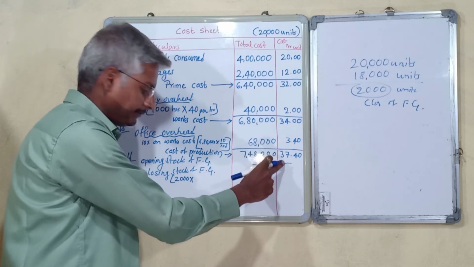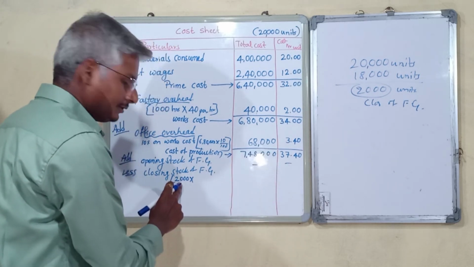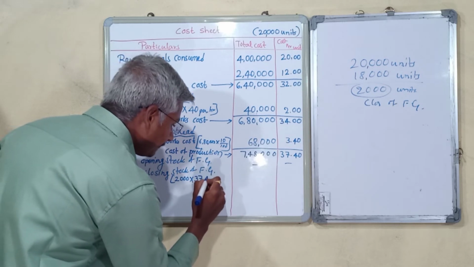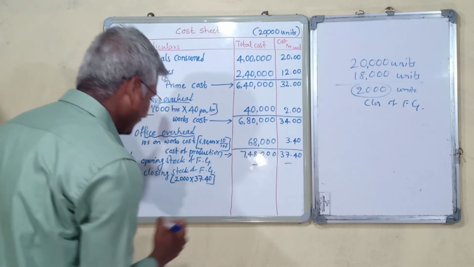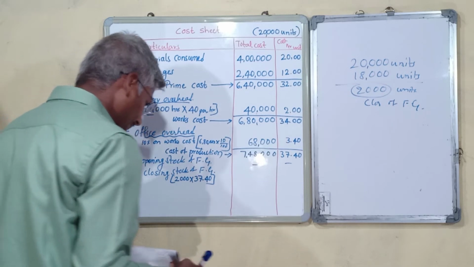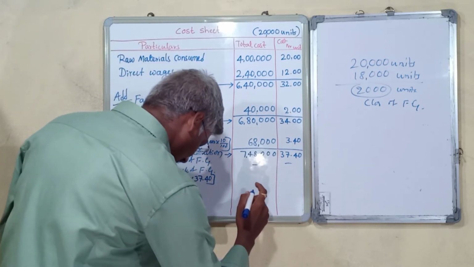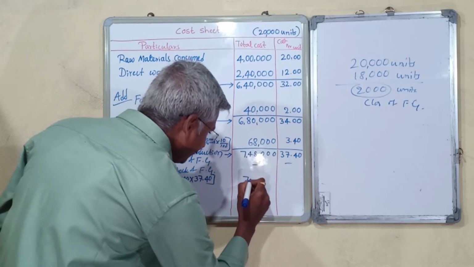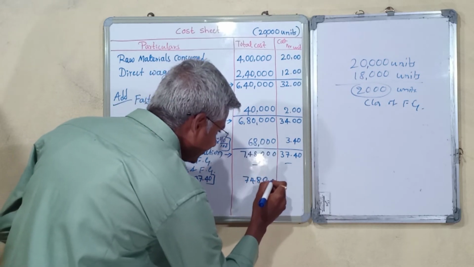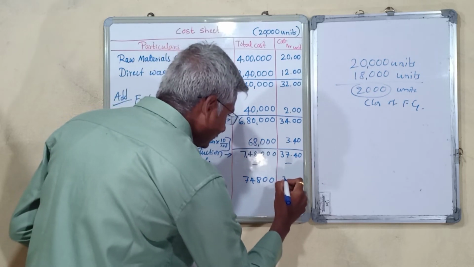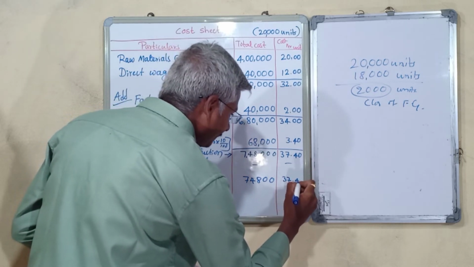37 rupees 40 paisa. So 2,000 units into 37.40 comes to 74,800.